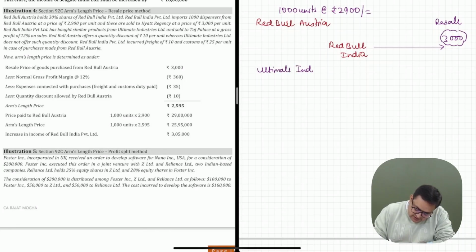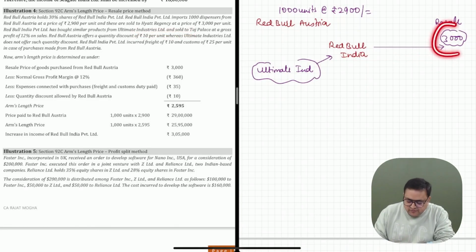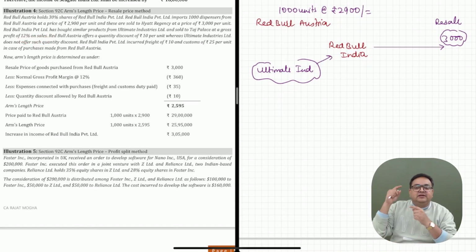They also purchase it from here and sell it to the customers. How much are they selling it for? It's not written, so obviously at 3,000 we might be selling it. And how much is the profit we earn? We earn a gross profit margin of 12% on sales. You have to remember, guys, whether the profit is given on cost or whether the profit is given on sales.